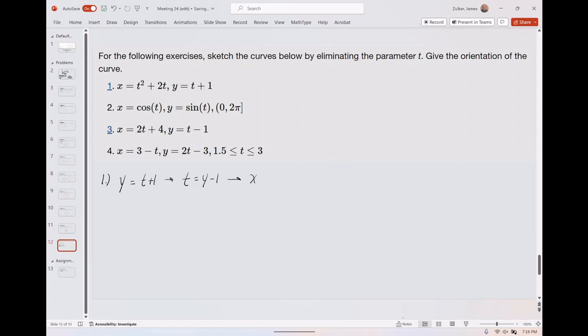Take that t, plug it into the other equation. This will now give us, in this case, x as a function of y. It'll be what? y squared minus 1.